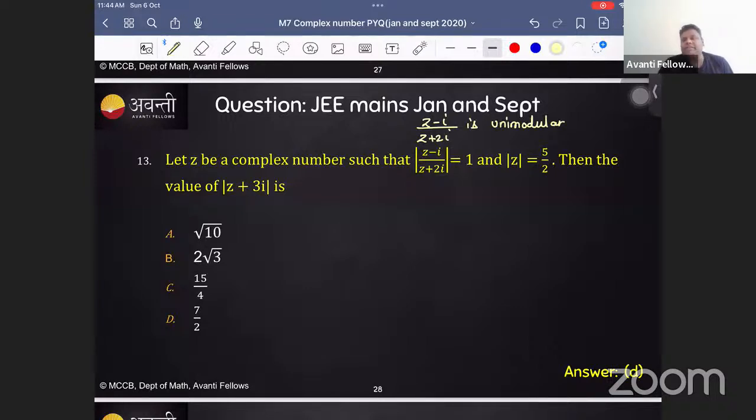So unimodular means its modulus is 1. So they are saying the magnitude of this complex number is 1 and magnitude of z is 5 by 2. Then the value of z plus 3 iota is. So the question is magnitude of z minus iota upon z plus 2 iota is 1.